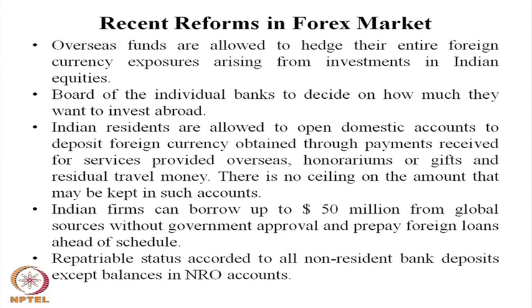The RBI and the Government of India have further liberalized the foreign exchange market, particularly the capital account side. The capital account liberalization was undertaken in two parts: one on the FDI side, and another on the FI side. On the FDI side, the MRTP Act was liberalized, MRTP was abolished, and the Competition Commission Act was introduced.